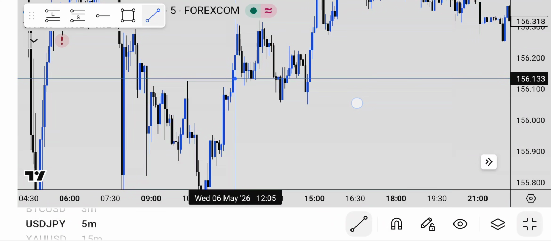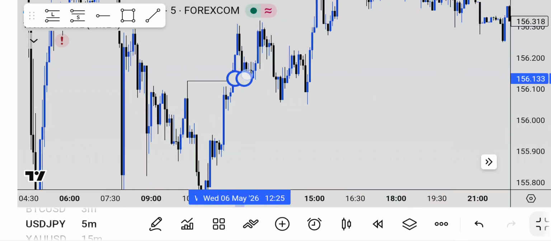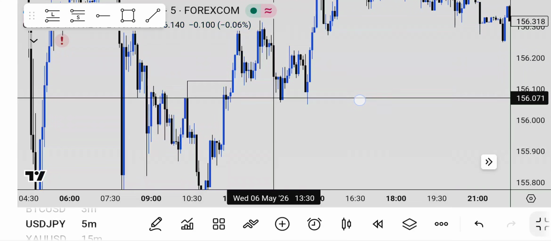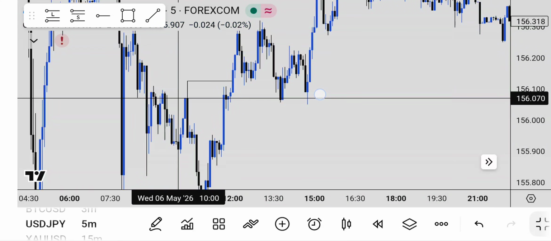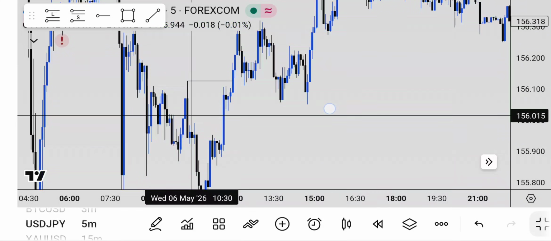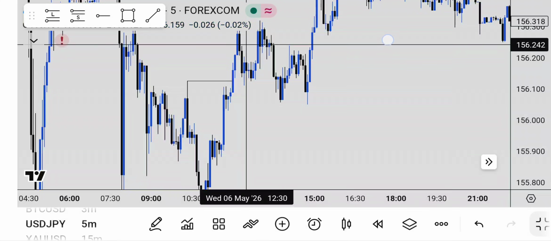Even if I mark it out now, it's very tiny, and it's still not clear. So now I've marked my inducement, and this was where the market reacted. I can't see anything clear. I can't just come and place my entry at this zone, because this pullback has already mitigated this breaker block. This pullback has already used this breaker block to push to the upside.